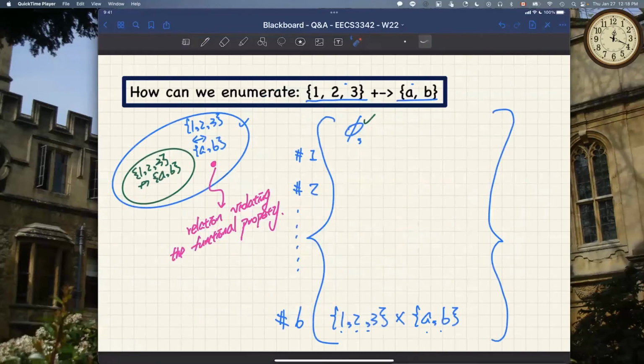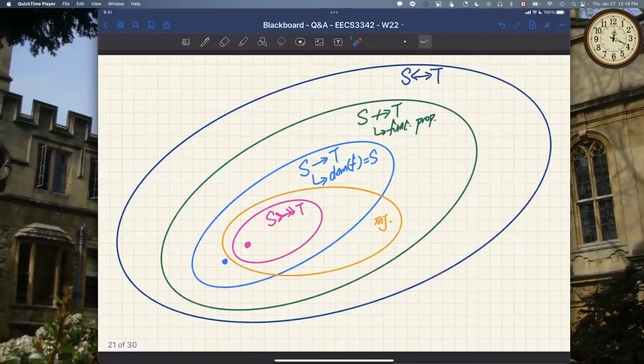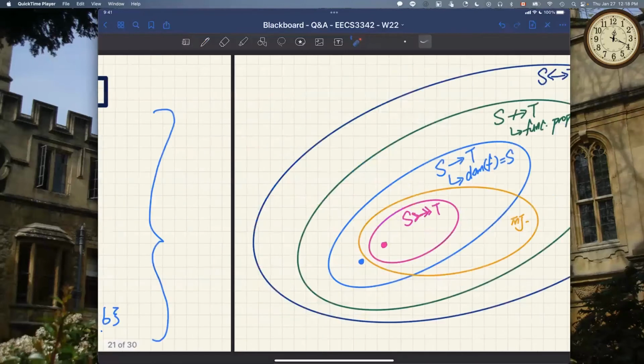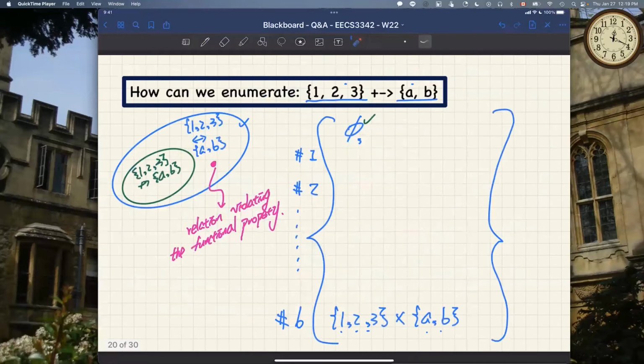Patrick, you got some question. It's a follow-up to the previous slide, here, where we were talking about the Cartesian product. Yes, we're back here now.